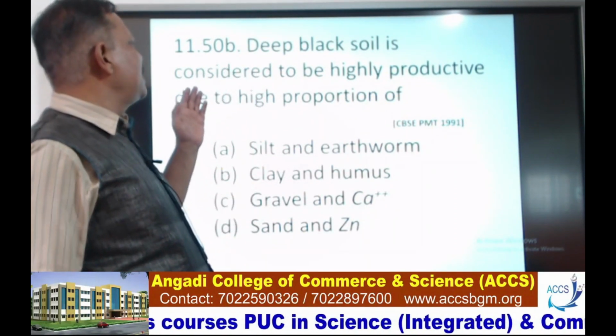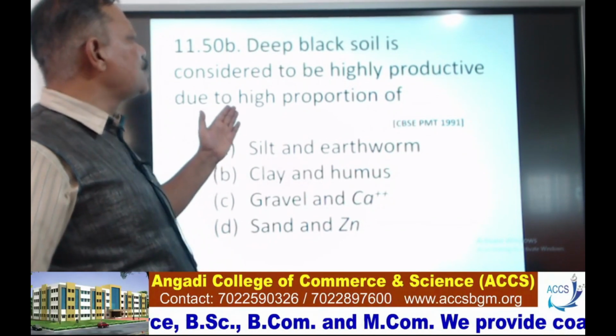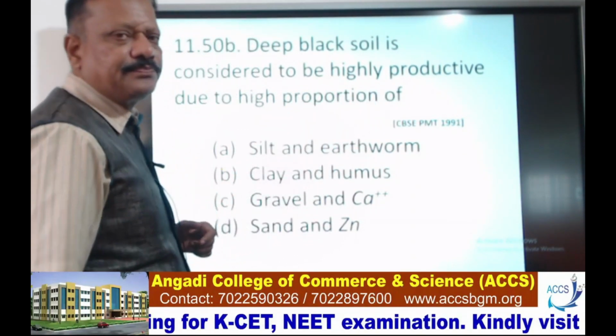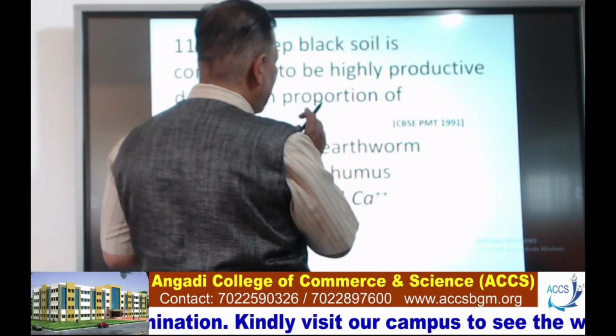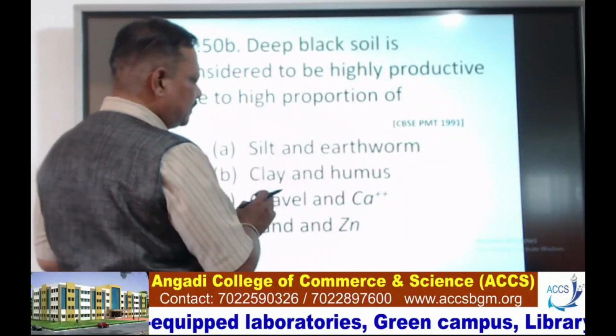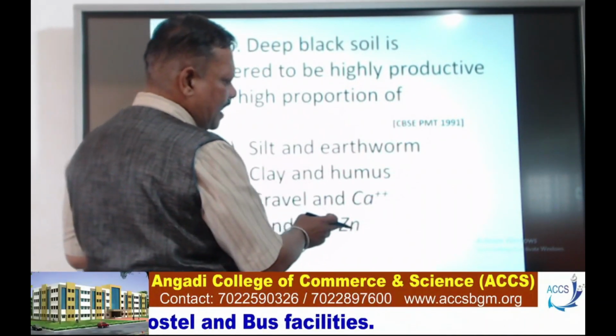Deep black soil is considered to be highly productive due to high proportion of, see the options: silt and earthworm, clay and humus, gravel and calcium ion, sand and zinc.